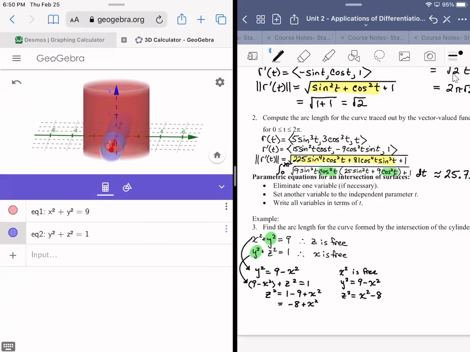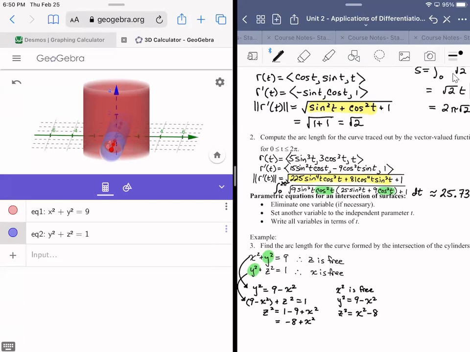I could let x squared be equal to t, which would create a root within my expression, which might simplify things, might not. But I could also let x squared be equal to t squared, and for the sake of making things simpler, that might be the way to go.